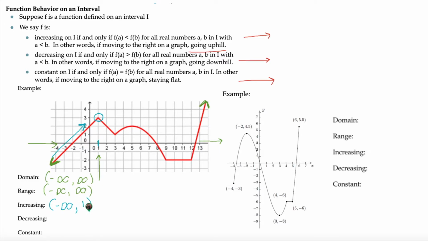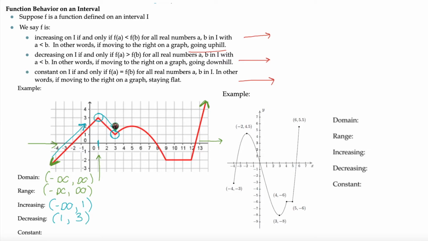And when I am representing increasing and decreasing, our values are always open. All right, then I hit the value of the x-axis at 1, and now I'm going to decrease. Now I'm decreasing, and then I hit this little valley here at the value of 3, and then I'm going to be increasing again. So I am decreasing from 1 to 3.